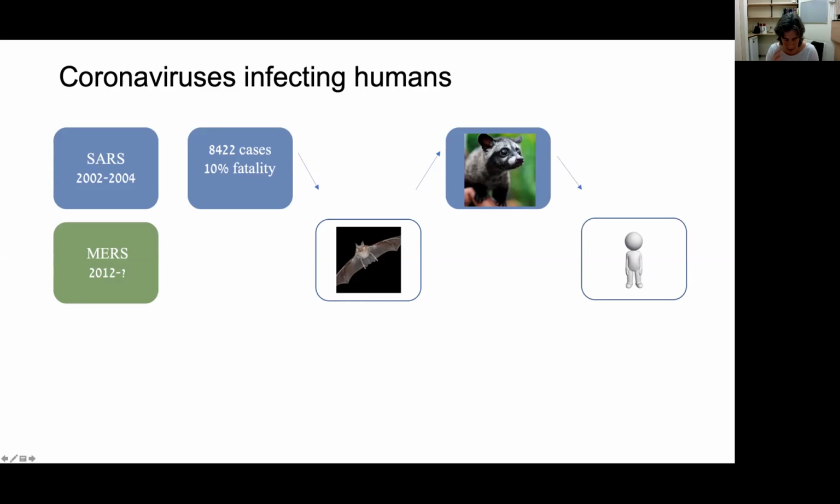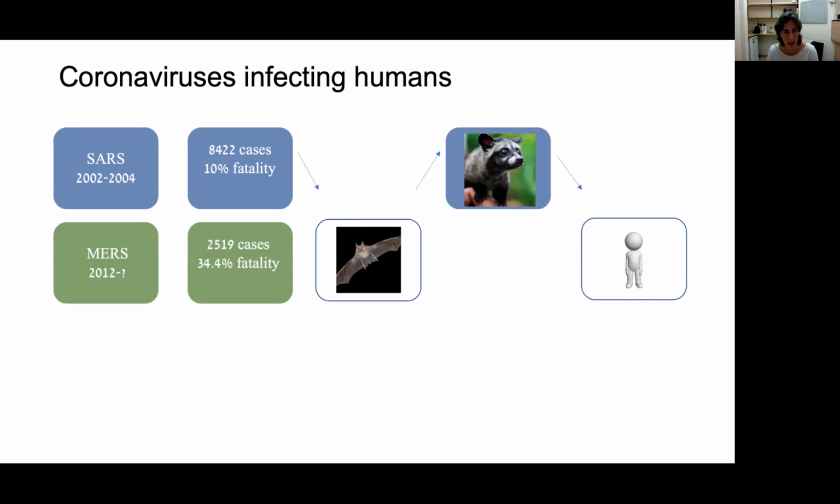Then the next coronavirus, which most of you probably haven't heard about, but there's an ongoing epidemic from 2012, is called MERS, Middle Eastern Respiratory Syndrome. Most of you have not heard about it because it's currently only in Arab countries, and I'll explain why in a second.